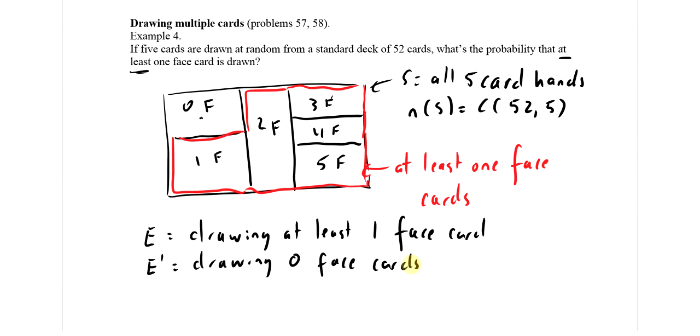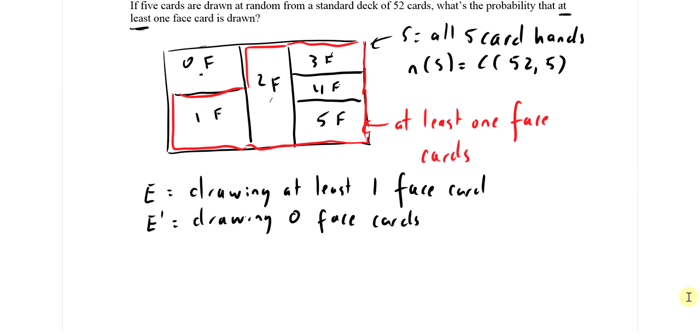And why would we want to be interested in drawing 0 face cards? Well, figuring out the probability of E prime is much easier than figuring out the probability of E. To figure out the probability of E, you have to figure out the probability for each one of these 5 things, and it's a little tedious. But I can figure out the probability of drawing no face cards pretty easily.